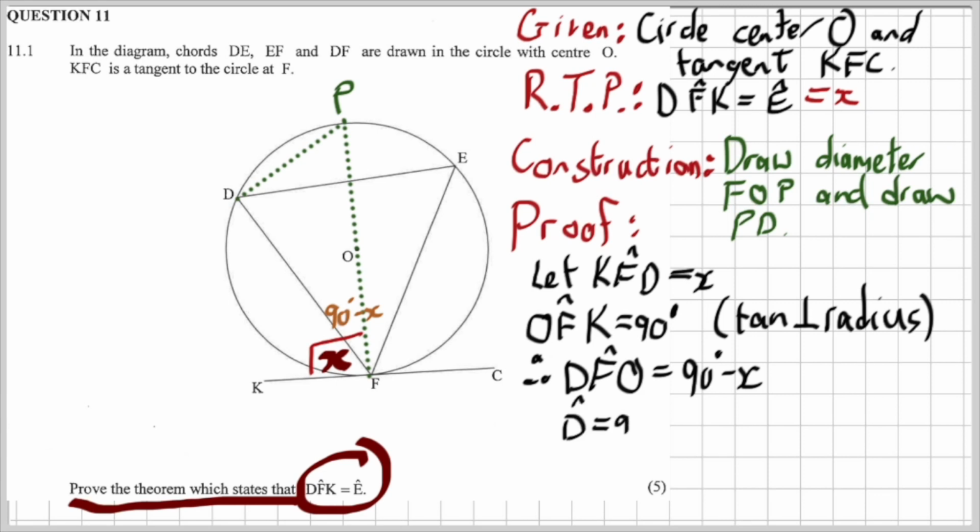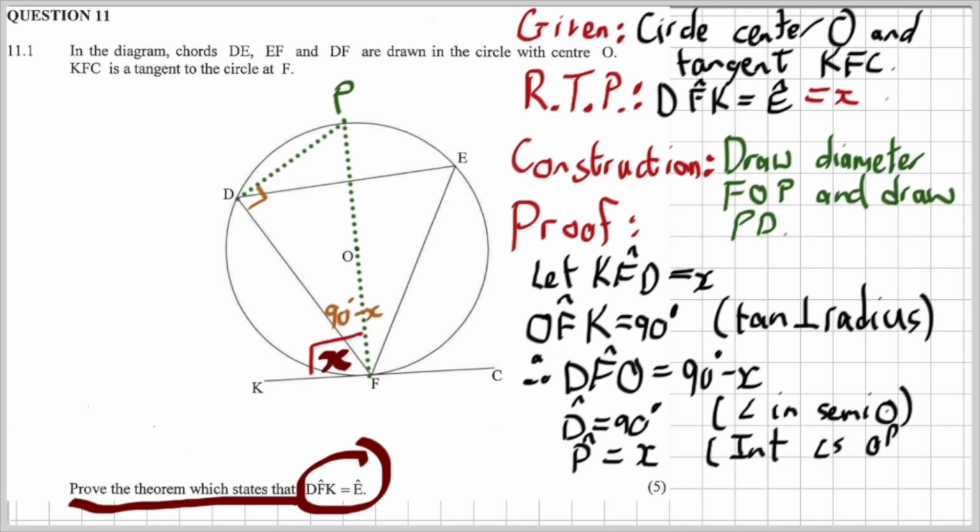Secondly, I'm going to say angle D, the whole angle D, is 90 degrees because of angles in a semicircle. Once I have that, I can go to my triangle and say, well, angle P is equal to x because of interior angles of a triangle.